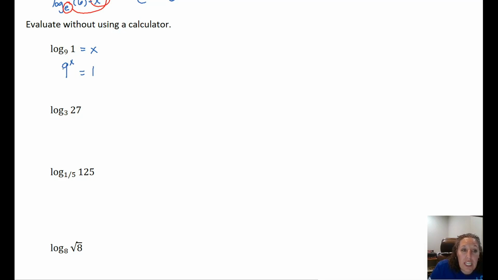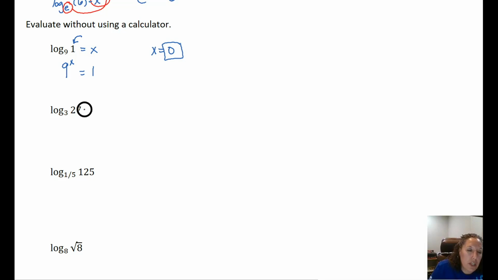Well, any base raised to the 0 power equals 1, so that's going to be x equals 0. So log base 9 of 1 equals 0, and that's actually going to be true anytime your argument is a 1. Any log, any base of 1 will always be equal to 0.